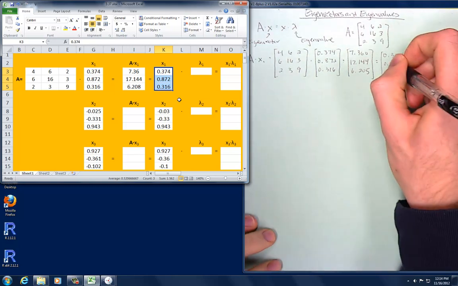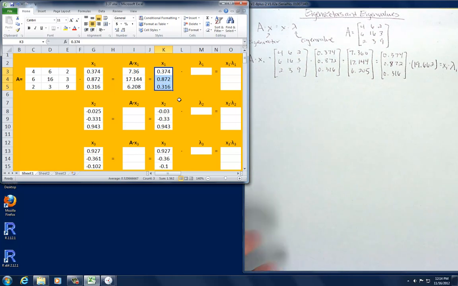Sorry, this is a little difficult to see. That's an 8. It is multiplied by a constant to get x sub 1 times lambda sub 1, which will be equal to A times x sub 1. Well, a little known secret that I didn't tell you before is that you can actually do division of matrices quite easily in Excel.